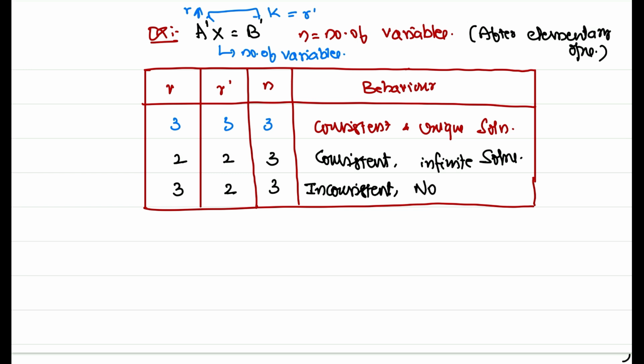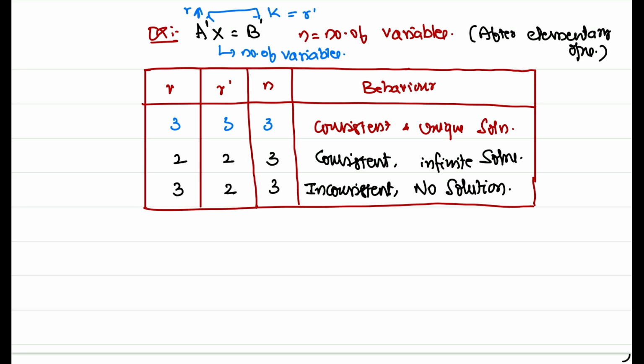Inconsistent and no solution. Here, R is less than R dash, R is not equal to R dash. Then, if R is not equal to R dash, the equations are inconsistent and there is no solution.